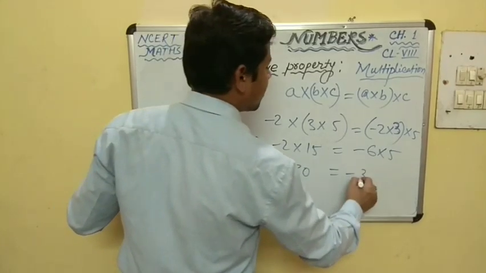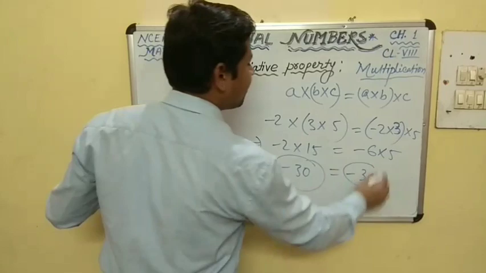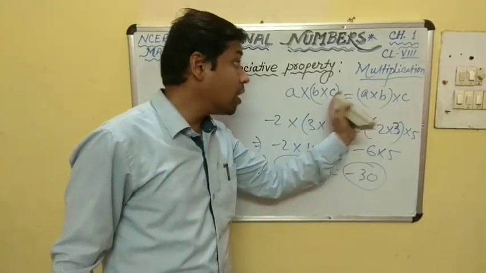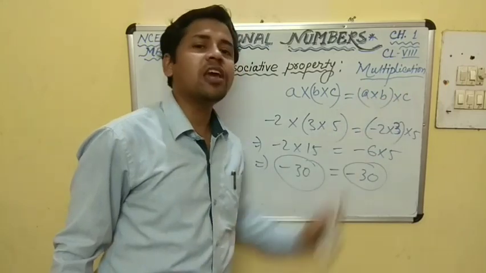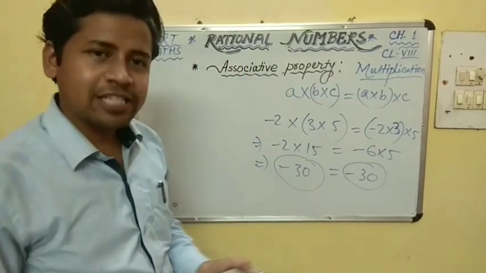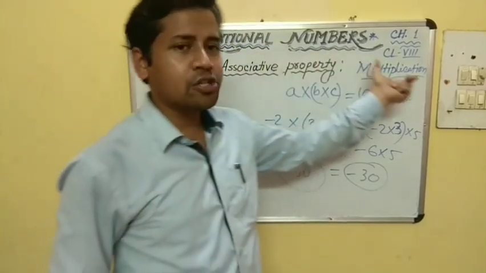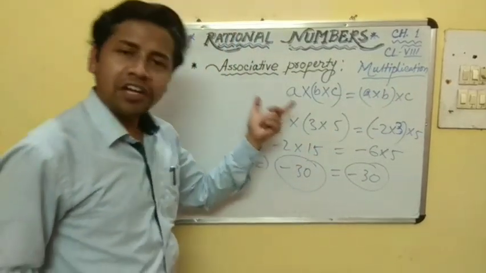In both cases the results are the same. That means a into (b into c) equals (a into b) into c, so they are equal. That means integers are associative under multiplication. We have taken the integers.